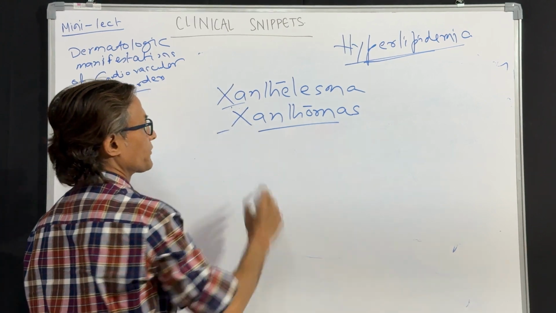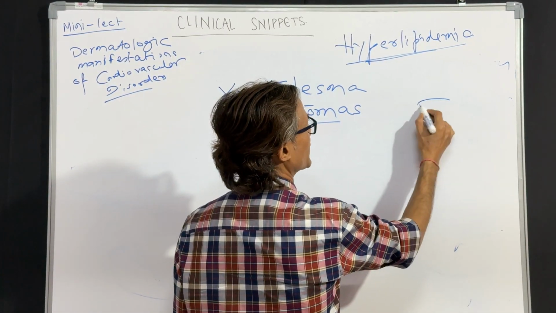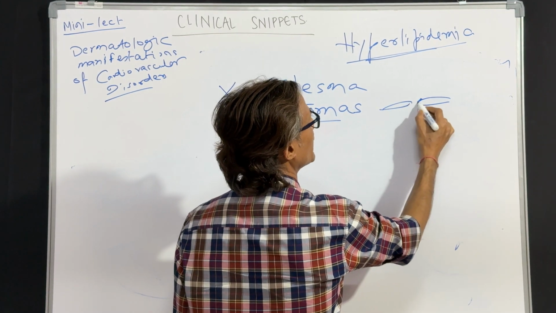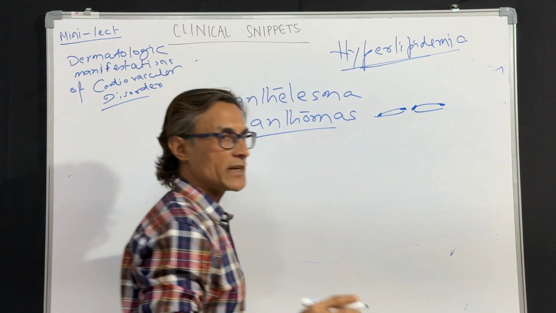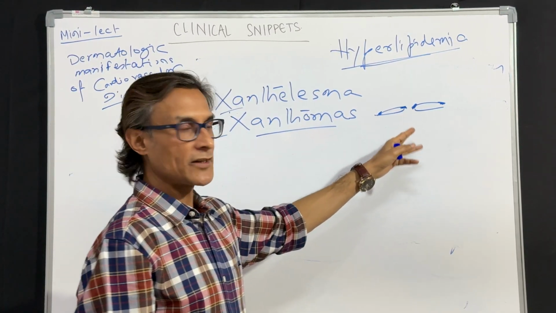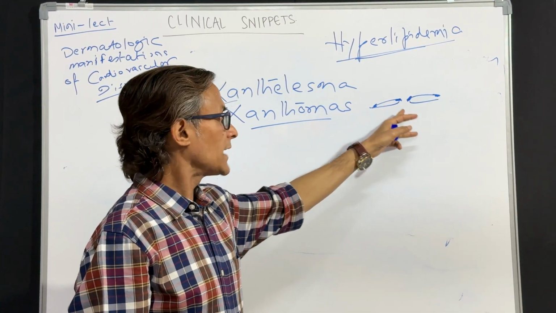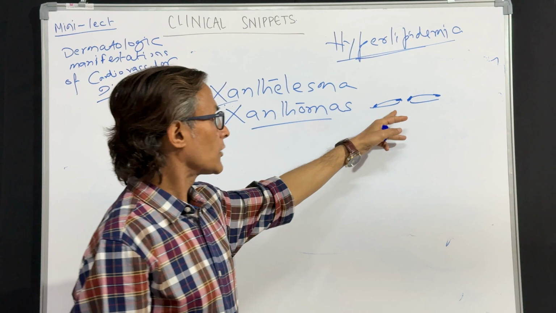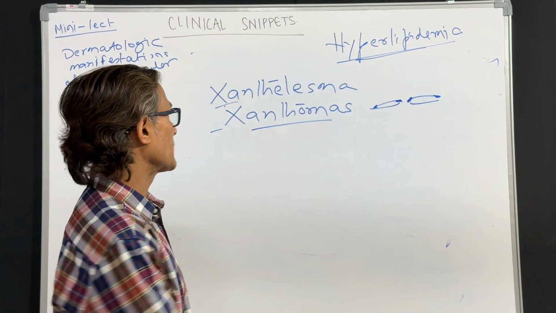Xanthelasmas are lipid deposits in form of plaques in the inner or outer canthus of the eyes. So there will be yellowish raised small plaques, yellowish discoloration, and they are lipid deposits. Once these are there, these are known as xanthelasmas, and one should think of hyperlipidemic conditions.